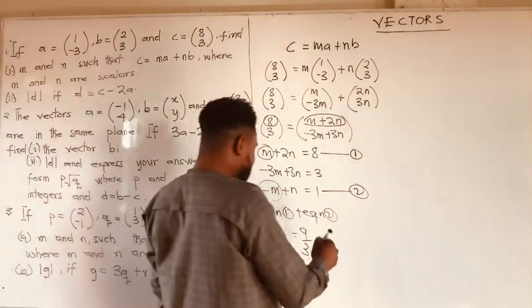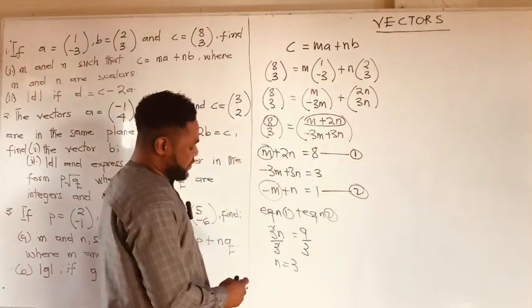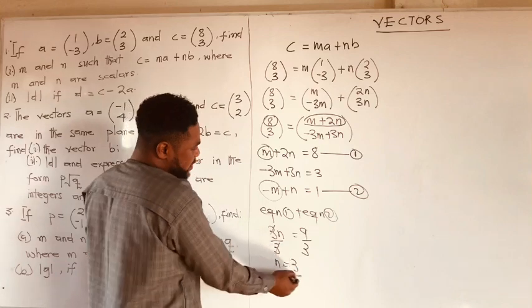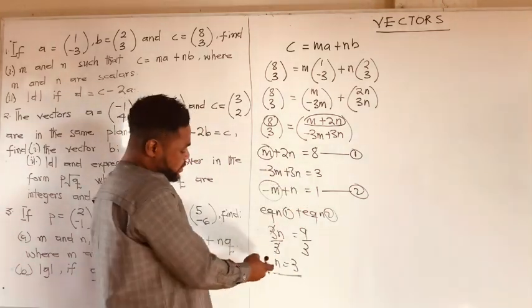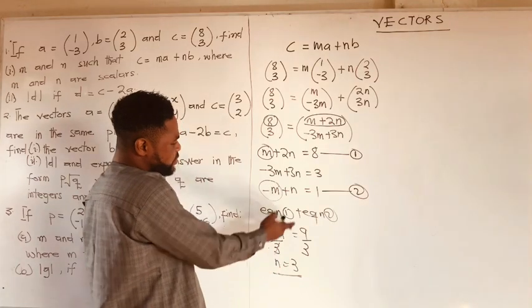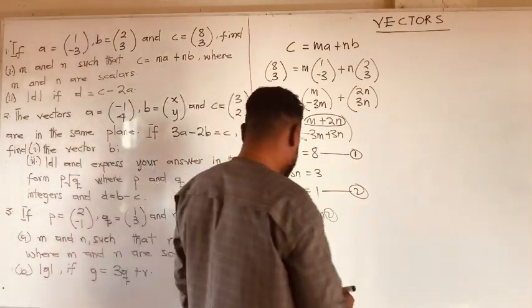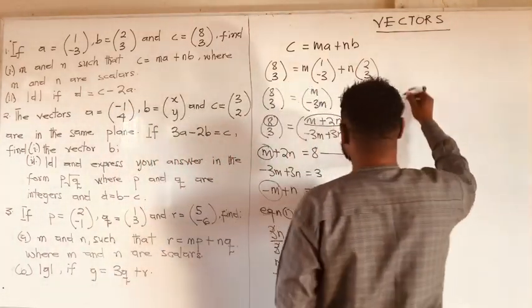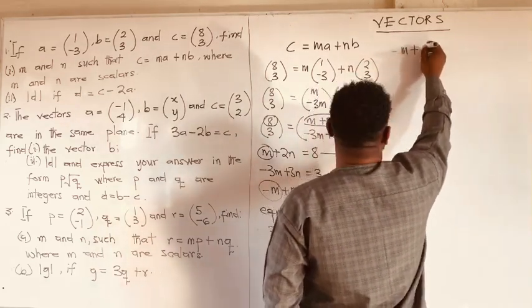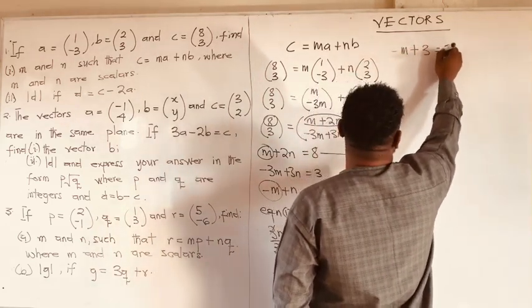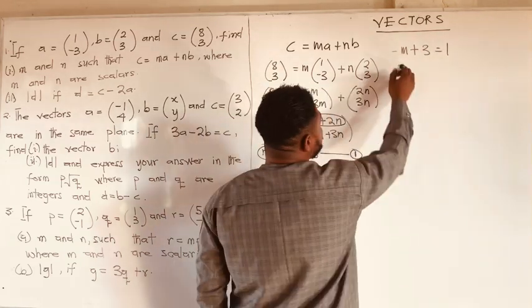All right, let's see how we can get our M. So we substitute this into any of the equations to get our M. Substituting into, let's say, equation 2, we have minus M plus, now we know our N to be 3, equals 1. So what can we say?